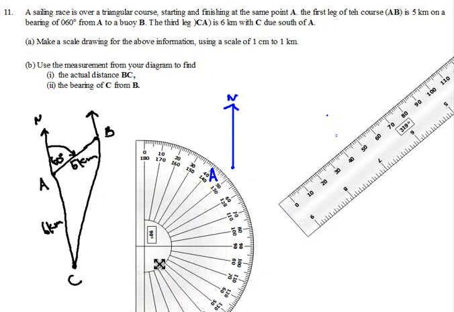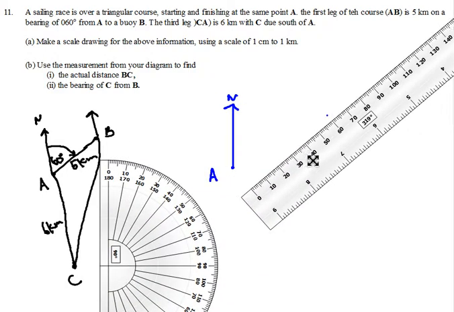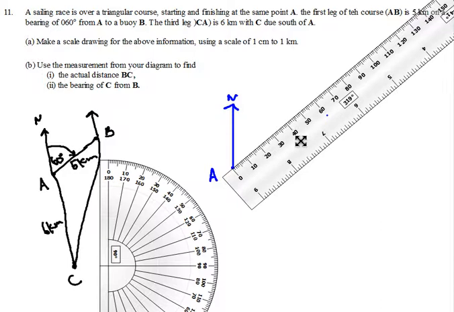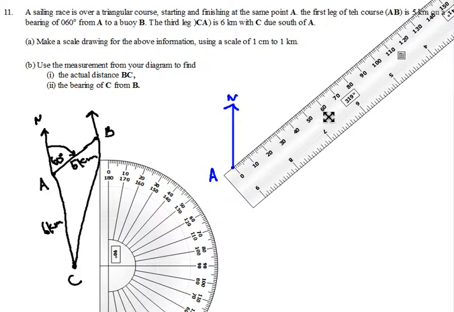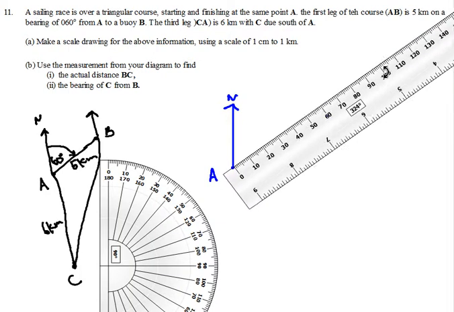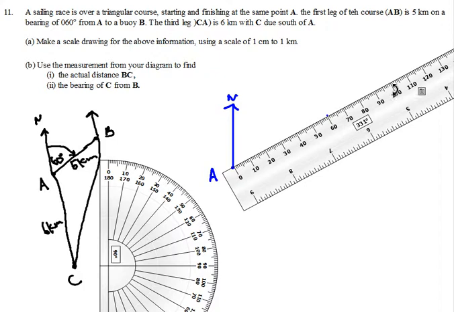So we're going to use a ruler to get that line coming around. Draw the line from A through that dot that we marked off, and that should be our 60 degree angle. Now, how long is that distance? That distance is 5 kilometers. And the question said that we're to use 1 centimeter to represent 1 kilometer.